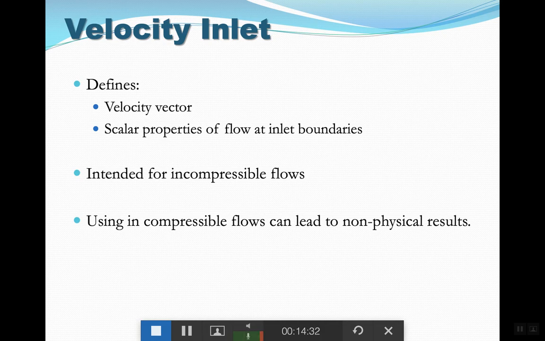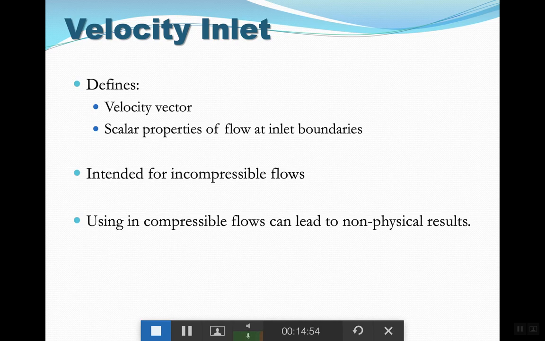The reason for that is that, to tell you the truth, the only real boundary condition at the inlet that you have is mass flow, because the only real physical thing that is going into your system or coming out of your system is mass, nothing else.